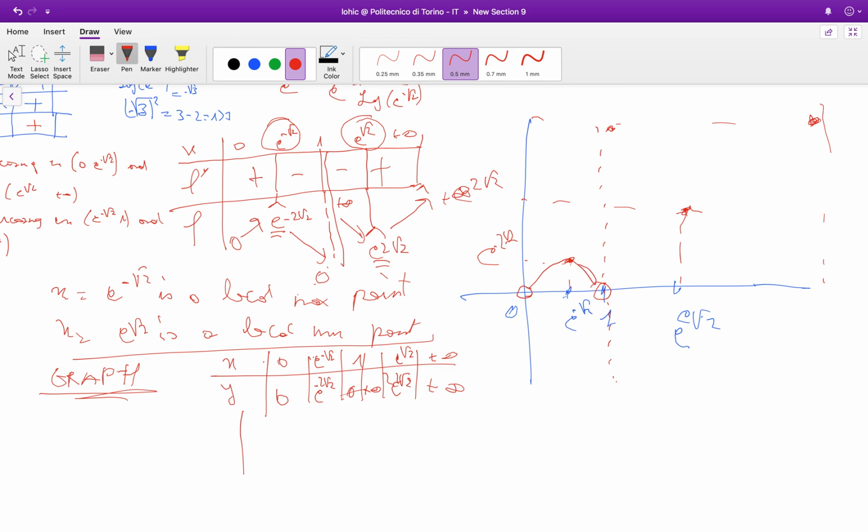This corresponds to this. Increase like this corresponds to this part, yes or not? And then after the vertical asymptote, which is 1, it will restart at plus infinity, decrease, then increase like this. Doubts? Okay.